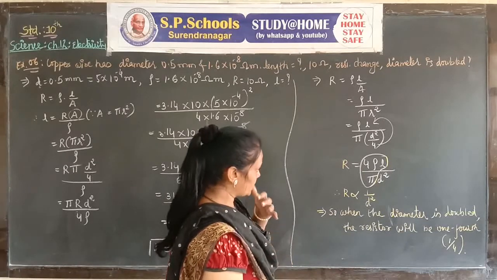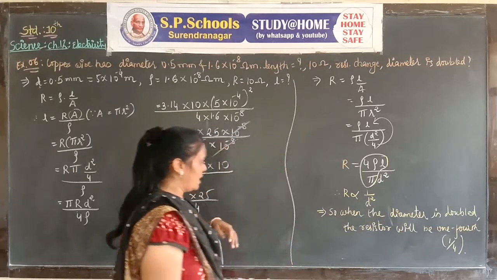So when the diameter is doubled, the resistance will be 1/4.